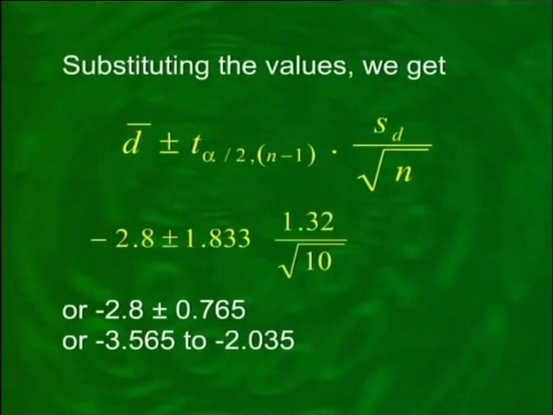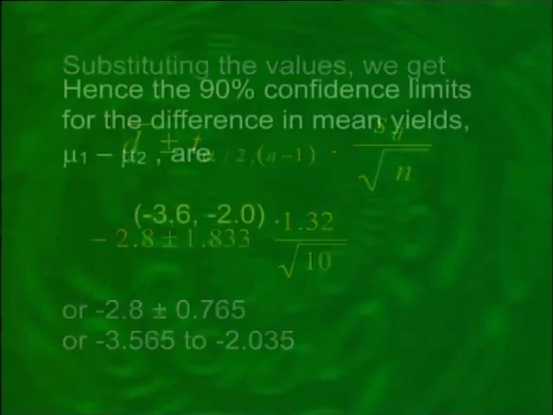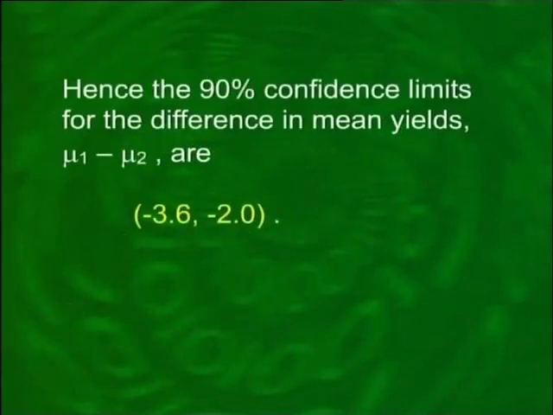Therefore, putting the value 1.833 in the formula, our confidence interval comes out to be minus 3.565 to minus 2.035. And rounding these figures, the 90% confidence interval for μ1 minus μ2 is minus 3.6 to minus 2.0.